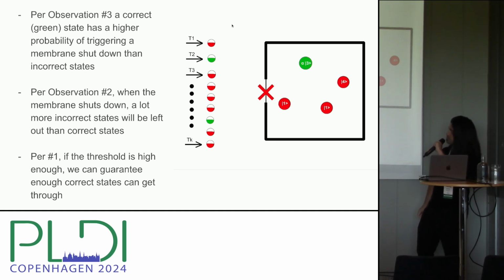Per observation two, when the membrane shuts down, because the ratio of undesirable states that will disappear is much higher than the correct ones, a lot more of the states that I don't care about will be left out, and I will only lose very little of the states that I care about. And per what I stated above, again, if the threshold is high enough, we can guarantee enough correct states get through for us to sample the correct outcome.